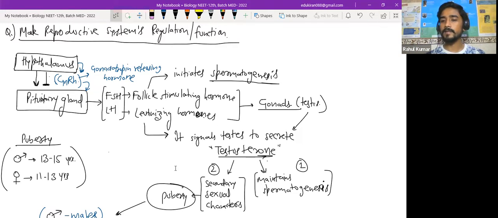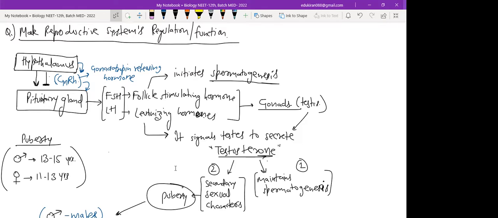Okay. Is it clear? It's given in your NCERT that Leydig cells secrete androgens, right? But the hormone secreted in the greatest amount from those Leydig cells is testosterone. Is it clear? Okay, sir. Okay, perfect. And the FSH stimulates the production of testosterone.